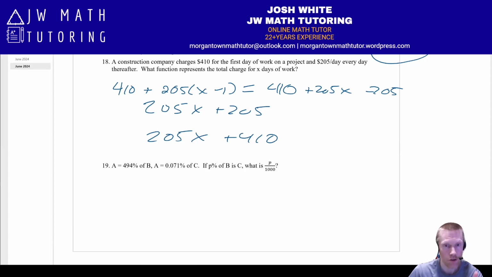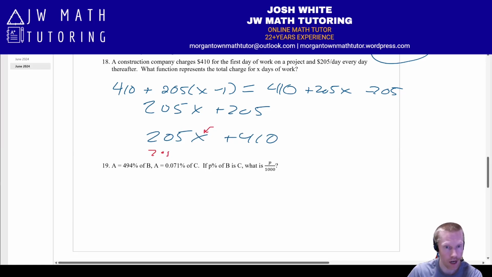But again, this is wrong because the 410 counts the first day. The 410 is not like an initial charge when there's 0 days of work, okay? The 410 counts the first day. So if you plug in x equals 2 to this expression, all right?